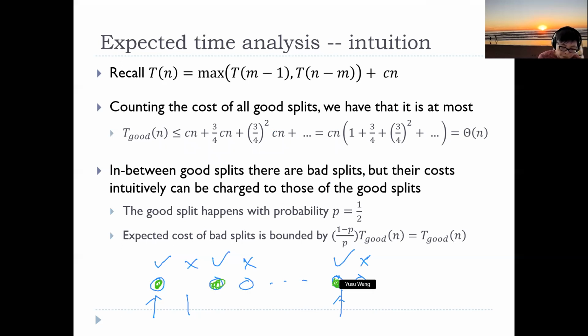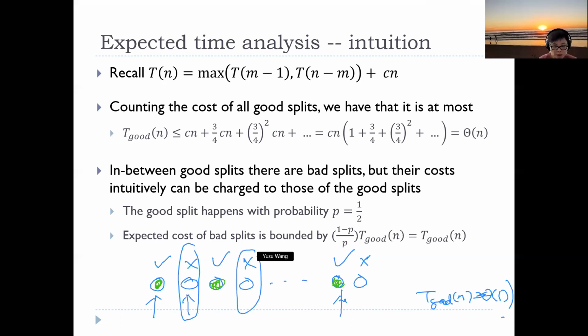So we know that the total cost of these green ones is only linear. Now, what are the costs of the bad ones? You can charge each bad one to the previous good one, because the size cannot be bigger than the size from the previous split.